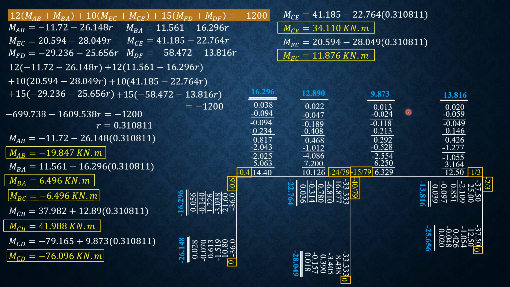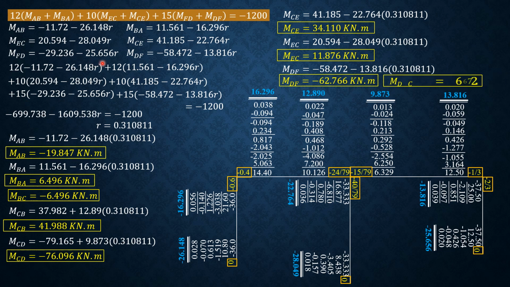Moment DF is equal to negative 62.766 kilonewton meter. So therefore, moment DC is positive 62.766 kilonewton meter. Finally, moment FD is negative 29.236 minus 25.656 of 0.310811. Moment FD is negative 37.210 kilonewton meter. So that's it for this problem.